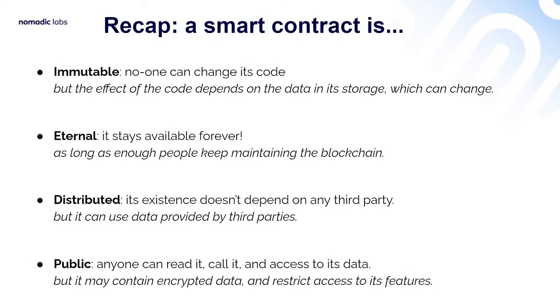It's distributed, which means its existence doesn't depend on any specific third party, but it can use data provided by third parties, in particular through oracles. And finally, it's public. Anyone can read it, call it, and access its data, but it may contain encrypted data and restrict access to its features.